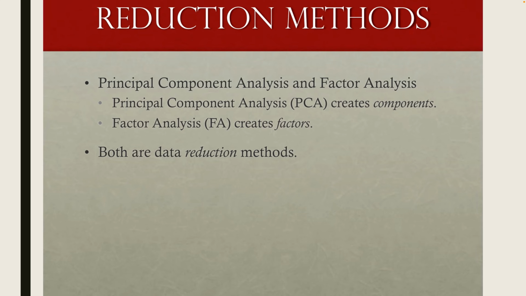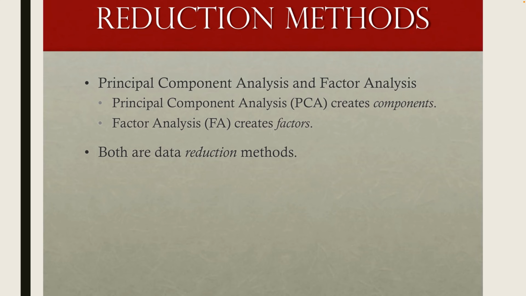So if I have like 20 measurable observed variables, I may lump the first 5 together and create PCA1. I may create the next 6 together and create PCA2. So I'm taking the observed variables and collapsing them down into components because that set of measurable outcomes kind of lumped together in some way.